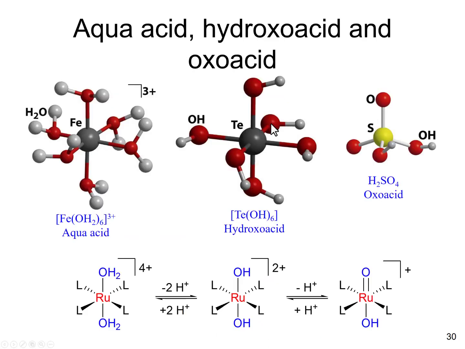Here you can see different examples of aqua acids and hydroxo acids and their relation to each other. Here you can see again 6 water molecules bound to an iron 3+ cation. So the positive charge here, 3+, is coming from the iron 3+ cation, which is then surrounded by 6 water molecules. So this is the particular formula for this species.